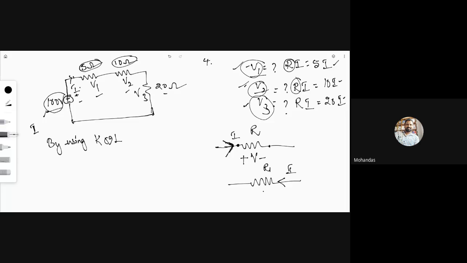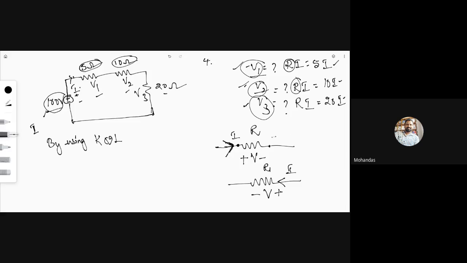For a load element, as the current flows in this direction, the polarity should be given like this, plus and minus. We should give the polarities for the voltage drops across the resistors. They won't give the polarities of the potential difference across the resistor in the problem.